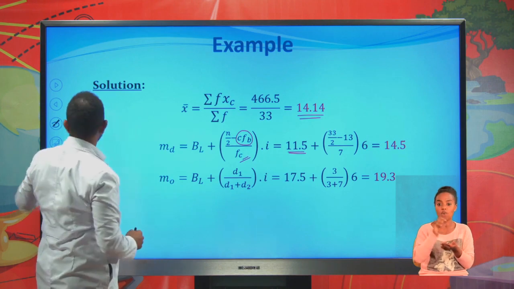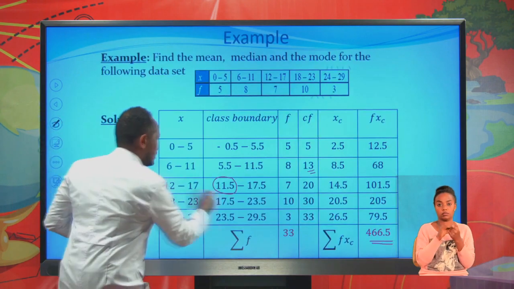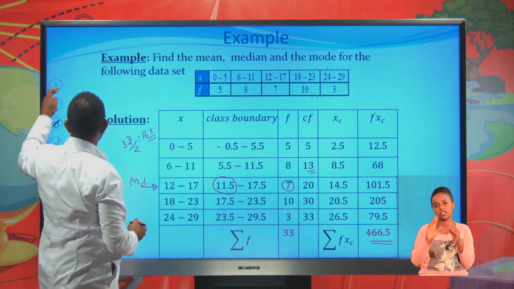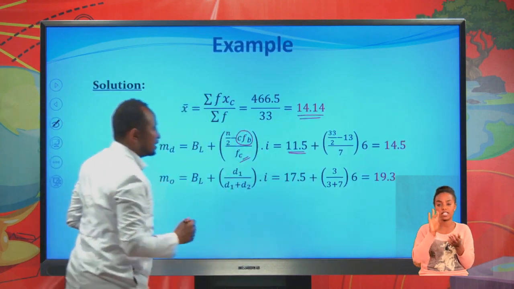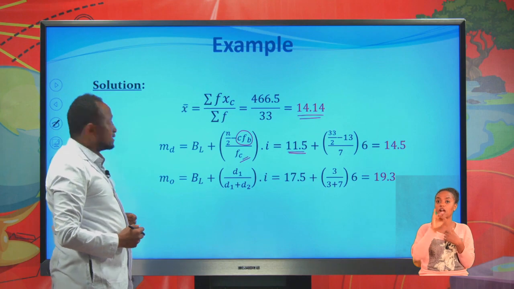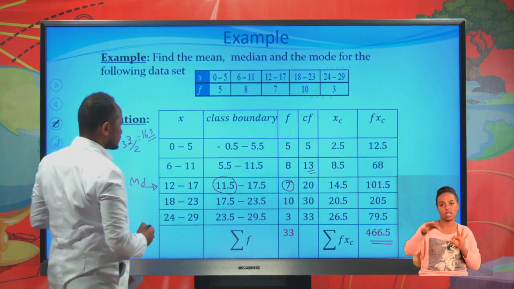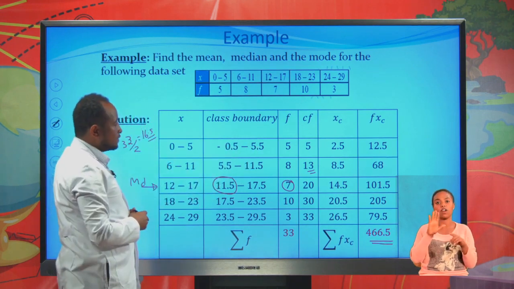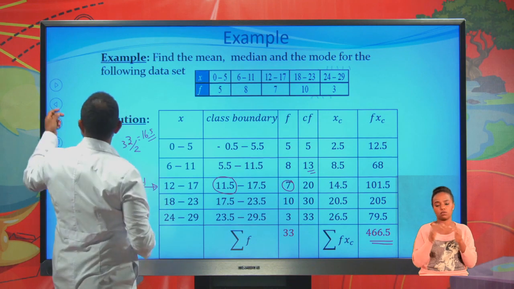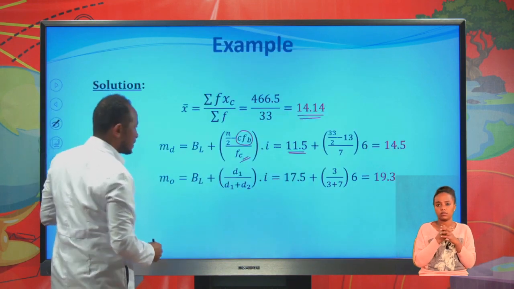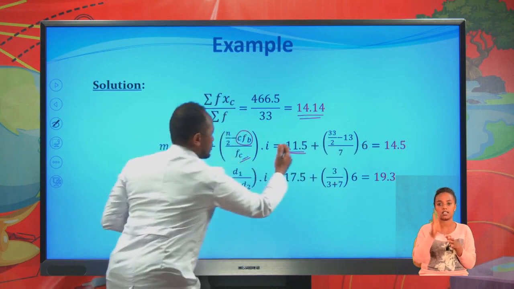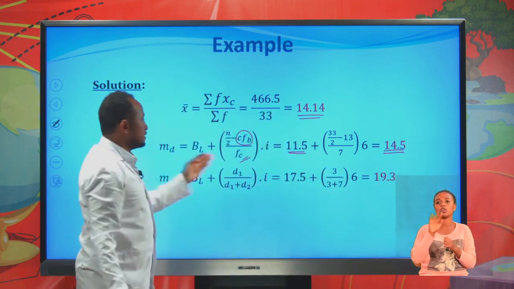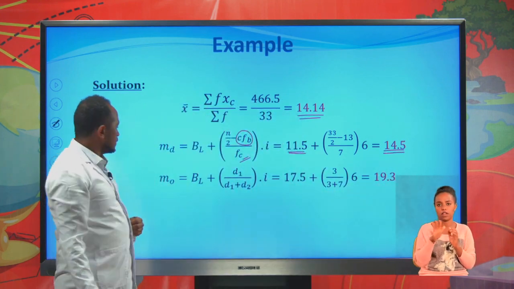The frequency of the class is 7. Therefore, you have 7 times I, the class width. Simply take the difference between these two: 5.5 minus negative 0.5 gives you 6. So you have 6 here. Therefore, when you evaluate this one, you get 14.5. Therefore, the median will be 14.5.